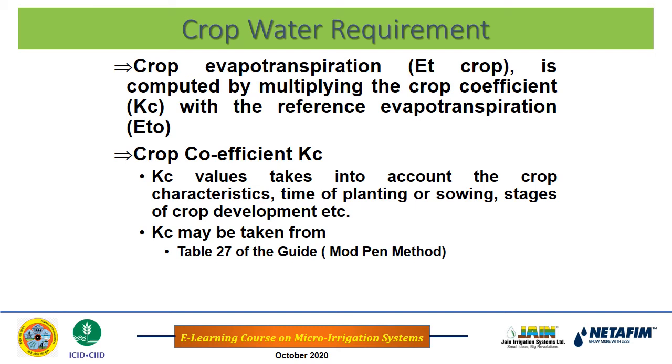Then Kc values take into account the crop characteristics, time of planting or sowing, stages of crop development, etc. Now we have already said that table 27 of the guide provides the crop coefficients at different crop stages.